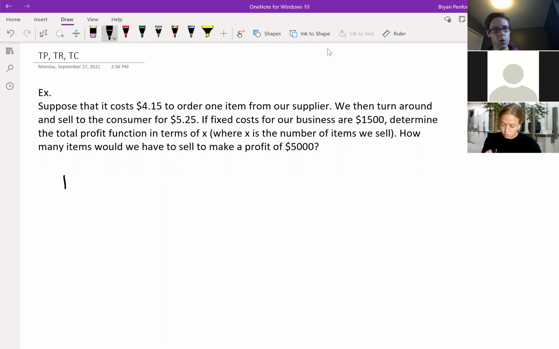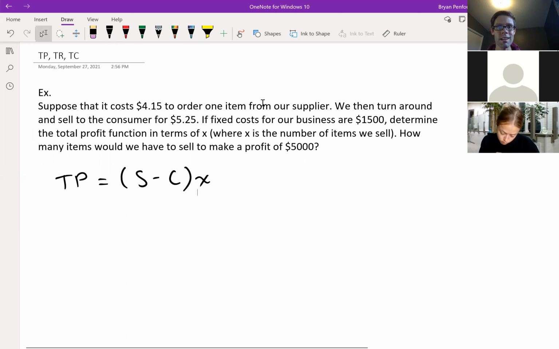The total profit of a business is typically given as the selling price minus the cost price of what you're working with, times X. X here represents the number of items we're going to sell as the business, and then we subtract off our fixed costs.